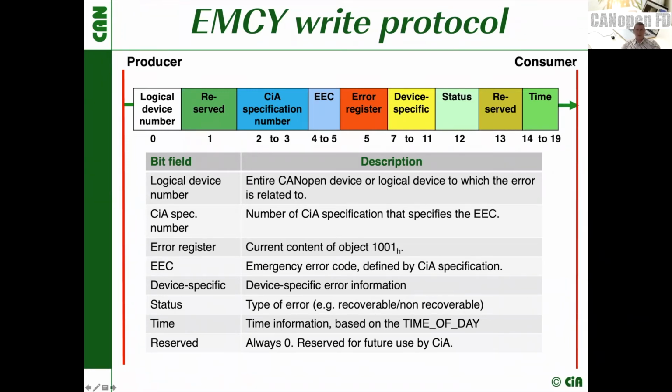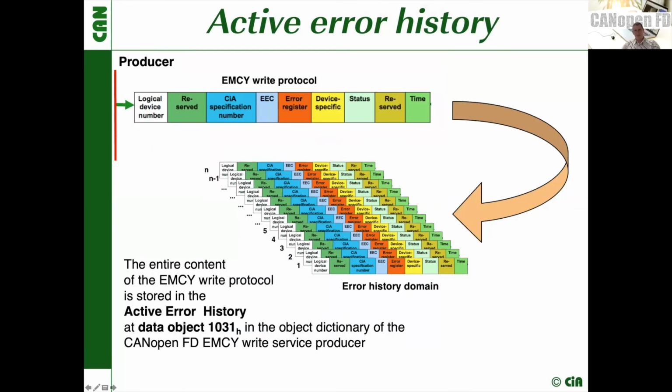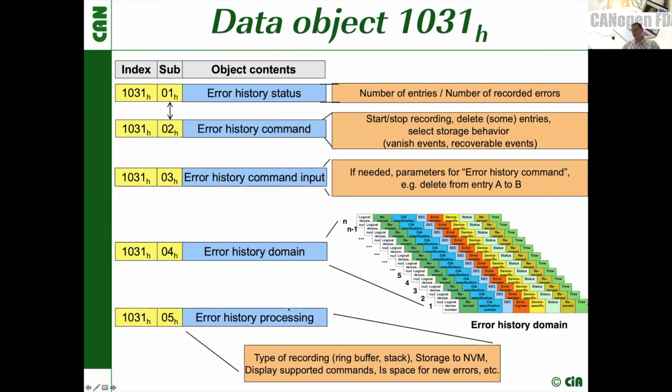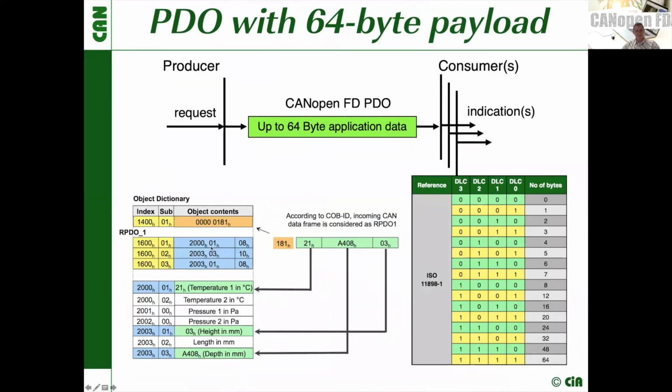We can record these errors in a new error history, and we have a management object for this error history domain, which can, over the device lifetime, depending on the provided memory resources, store all these errors. You can manage this by saying, I want to delete this or that error class, and I want to keep other ones. So you have this new object, which we have already presented.